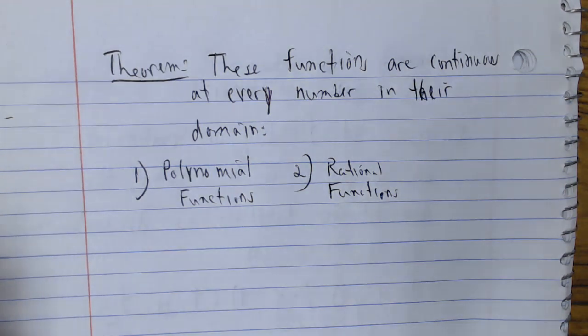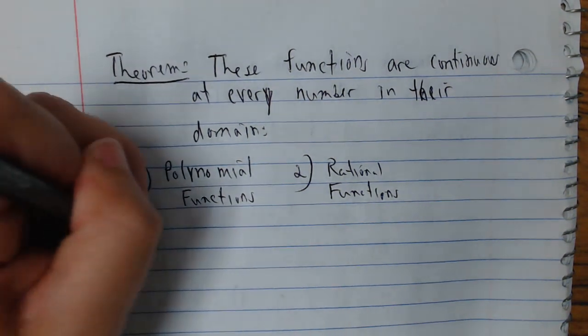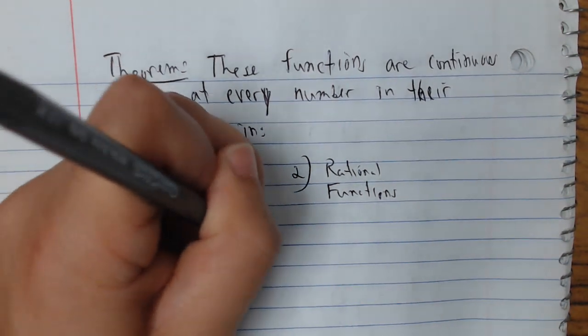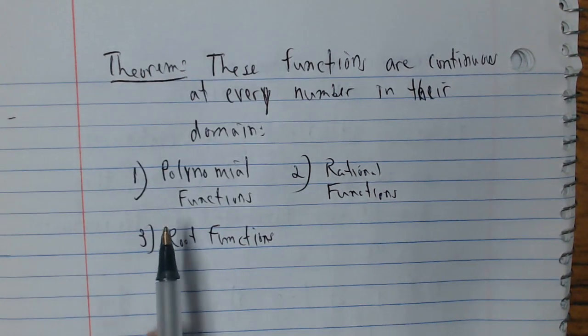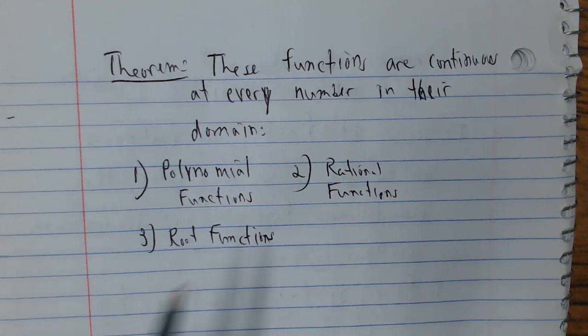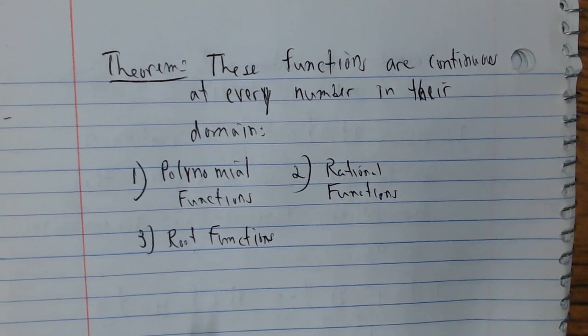And then here's a bunch of other ones that we haven't talked about, which is root functions. And so like in example 3 where we worked with root functions, this was one of them. We could have said since it's a root function, it's continuous on its domain, and its domain is from here to here. So that's kind of what's going on here.